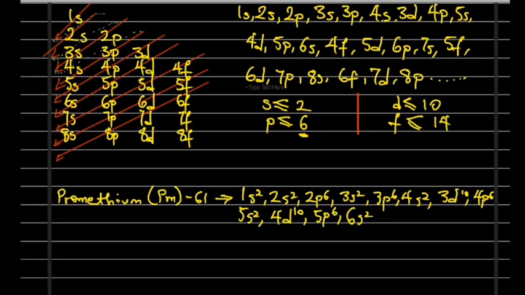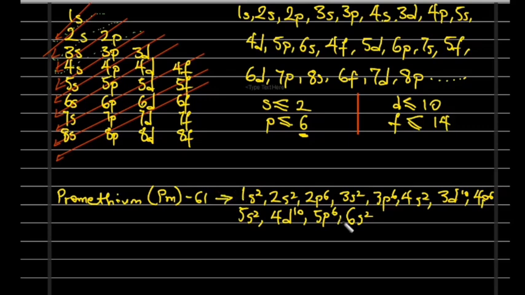Let's count this one first. We are going to 61. 2 plus 2, 4, plus 6, 10, plus 2, 12, plus 6, 18, plus 2, 20, plus 10, 30, plus 6, 36, plus 2, 38, plus 10, 48, plus 6, 54, plus 2, 56, and we are going to 61.